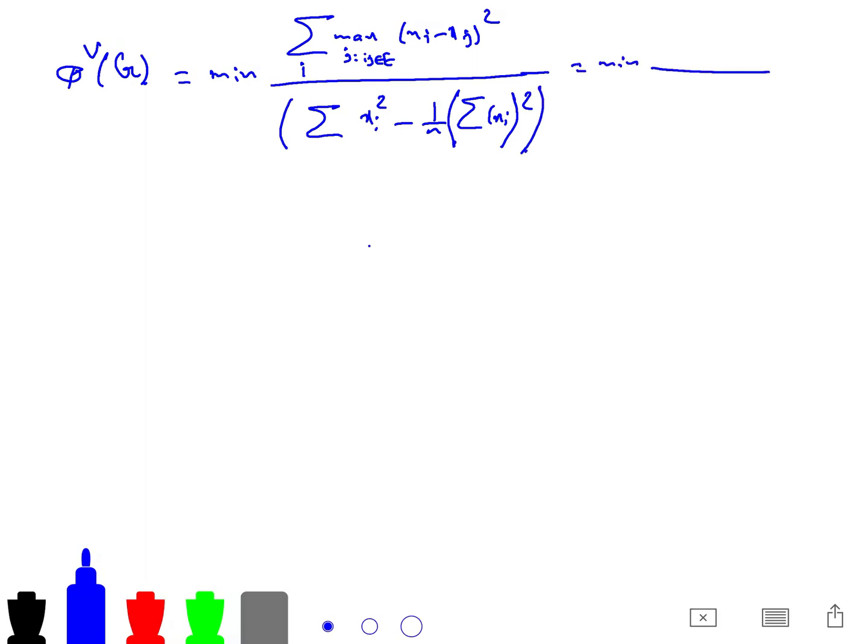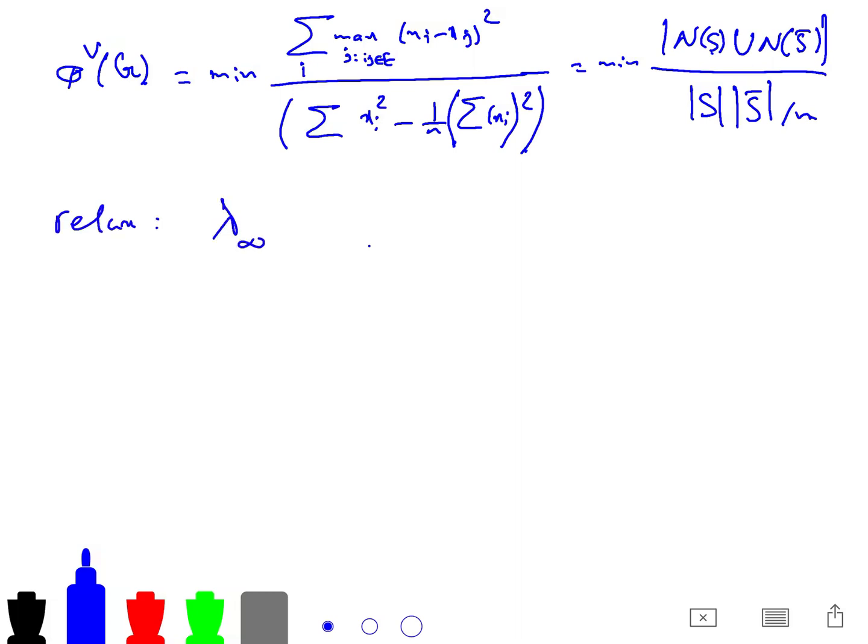So this is the minimum of neighbors of S union neighbors of S complement, over N. So we relax it. Let's call it lambda infinity, the minimum over x in R^n, where x is orthogonal to 1.